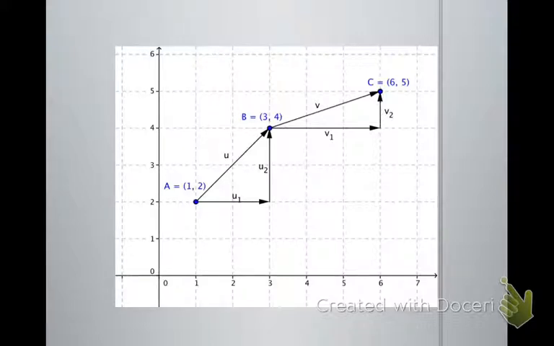Let's take an example here. If we figure out what u1, u2, v1, v2 are, then we can come up with the sum of the components. So u1 is 2, u2 is 2, v1 is 3, v2 is 1.